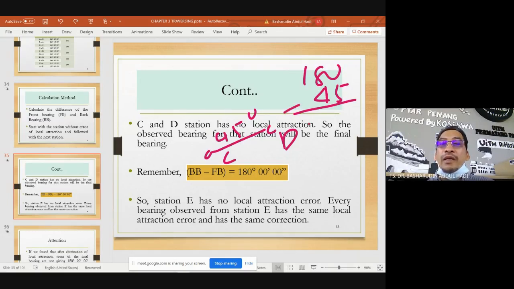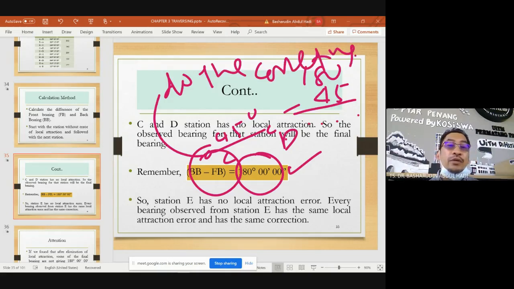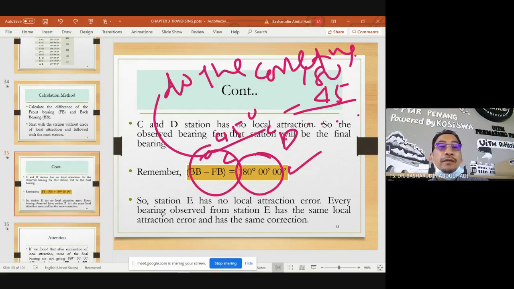So you get this value, and this value is the D to C. The difference must be 180 degrees. So when in your calculation you find it is not 180 degrees, for example 180 degrees 30 minutes, this is the starting point where you do the correction as a reference for the correction. Okay.